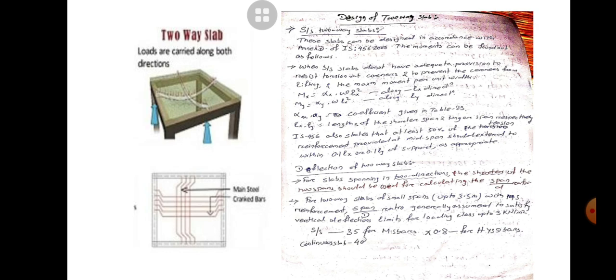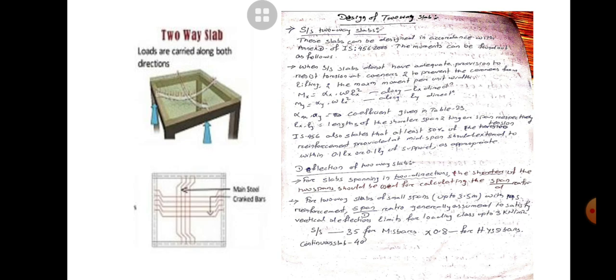The bending moment is calculated per unit width. That means for ly and for lx, in both directions we will calculate bending moment, but the moment will be critical in the smaller span, that is lx direction. Therefore we will calculate the moment in x and y direction considering the span lx.